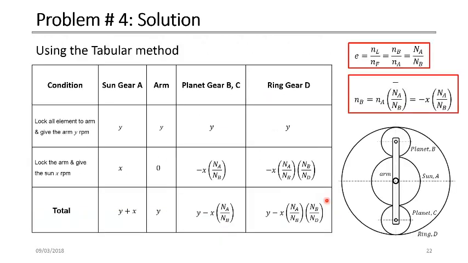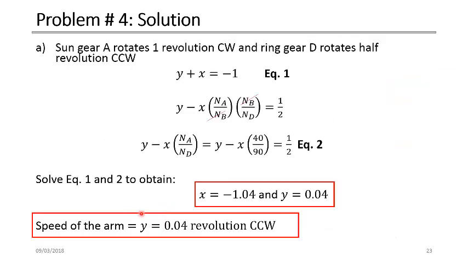If I go back to the table, you will find that y here is the speed of the arm. In this case, the speed of the arm was required. It's y, so it's 0.04 revolution in the counterclockwise direction. Why? Because it's positive.